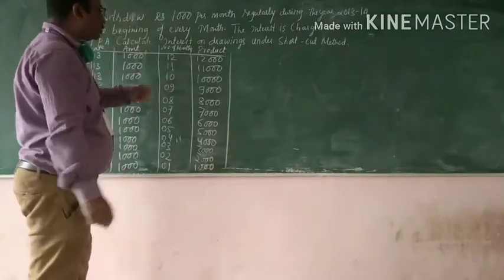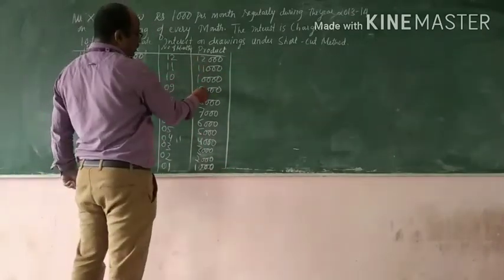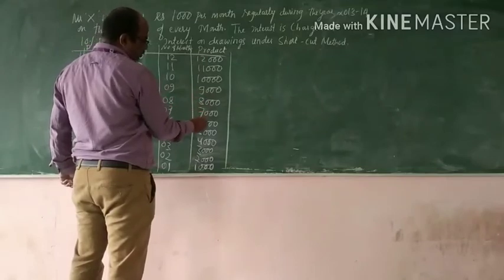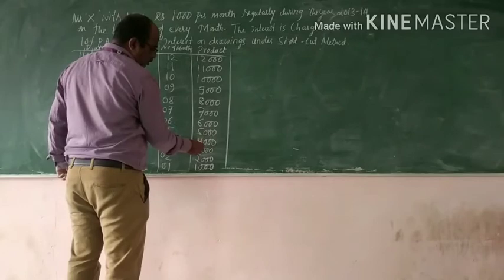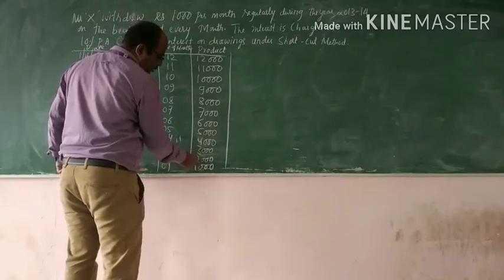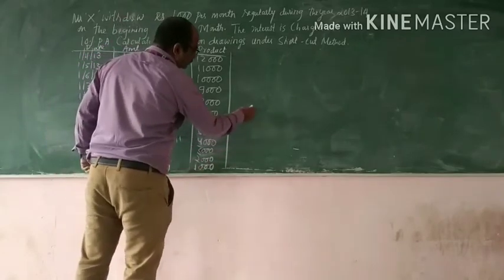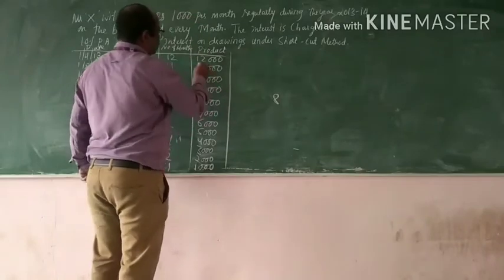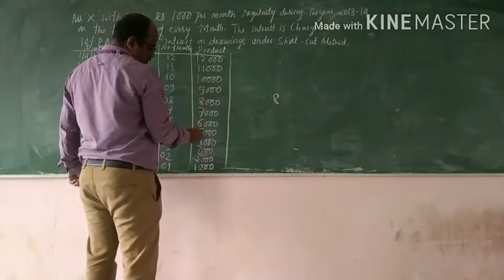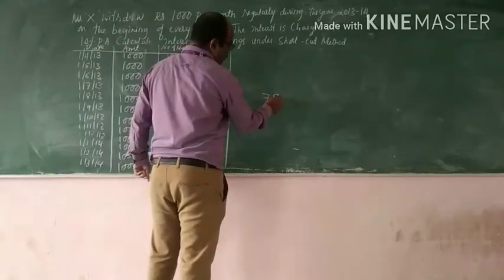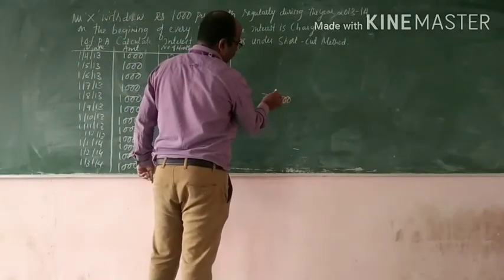If you do the total of the products, 3 plus 9 is 12, plus 8 is 20, 27, 33, 38, 42, 45, 47, 48. 4 carry, 4 plus 2 is 6, 7. So 78,000 is the total product.